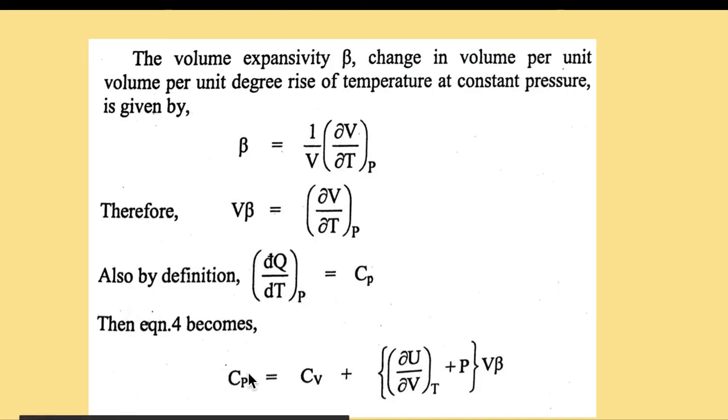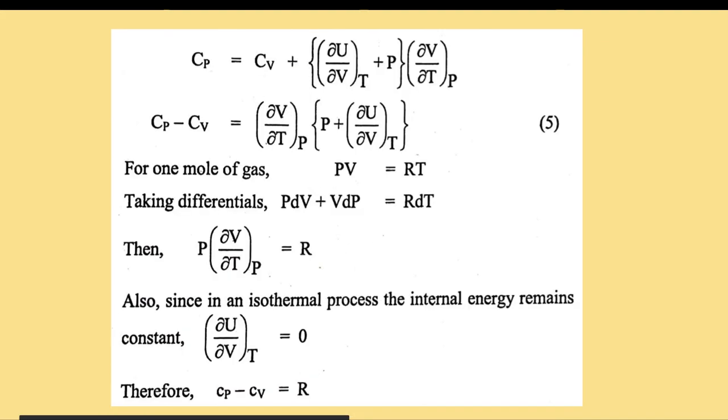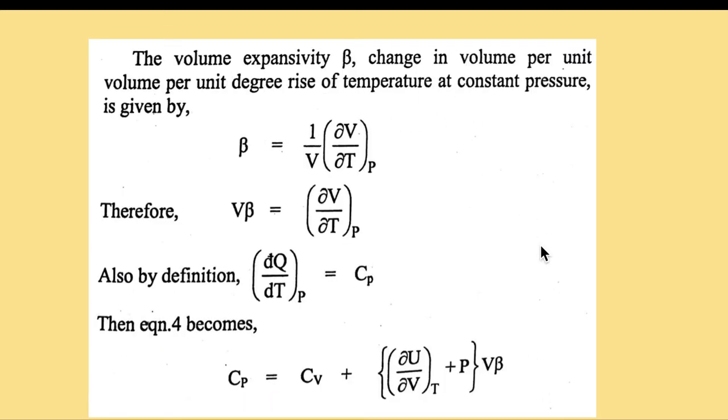So you can write Cp equal to Cv plus du by dV at a constant temperature plus P into dV by dt at constant pressure, which is V beta. So Cp is equal to Cv plus du by dV at constant temperature plus P into V beta.